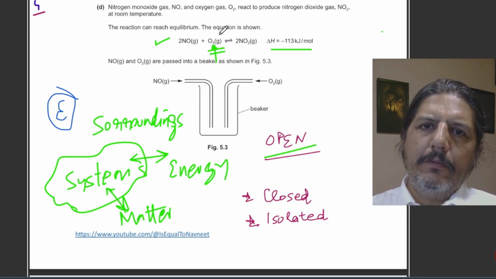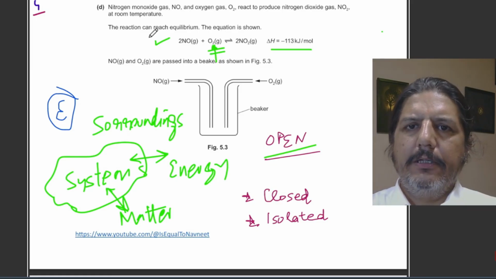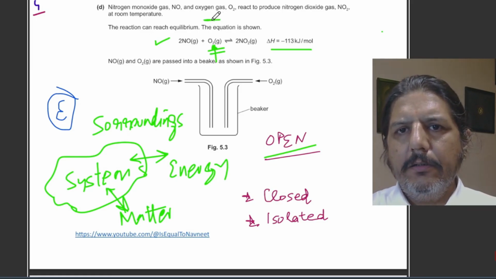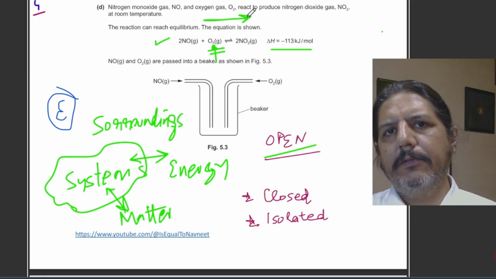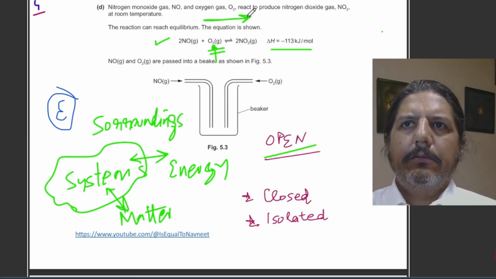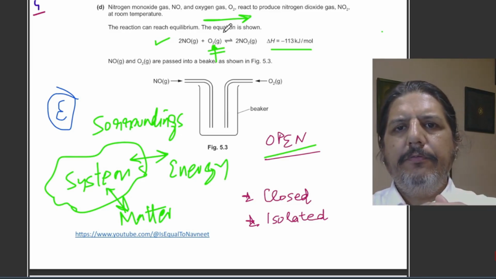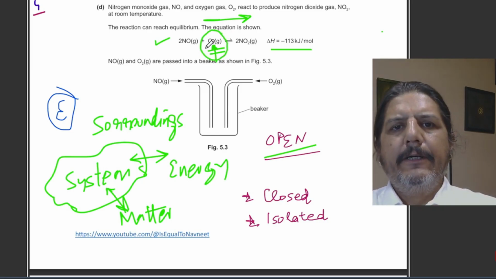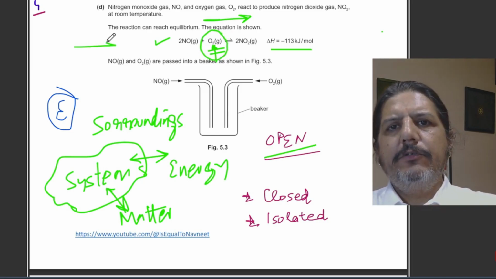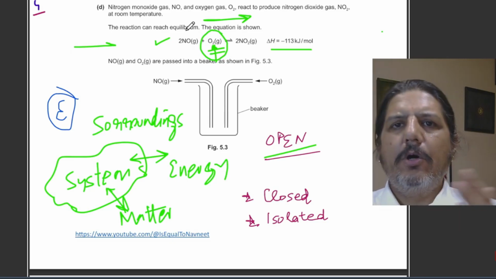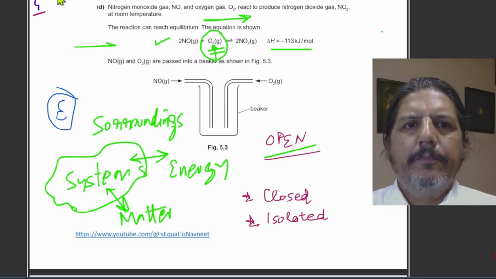So the reaction will always keep moving in the forward direction. What Le Chatelier is trying to say is that in a state of equilibrium, if you increase the concentration of the reactant, the equilibrium will shift in a direction which will try to decrease the concentration of the reactant. But here the concentration of reactant keeps on increasing. So how will it reach equilibrium? I hope this is making sense.